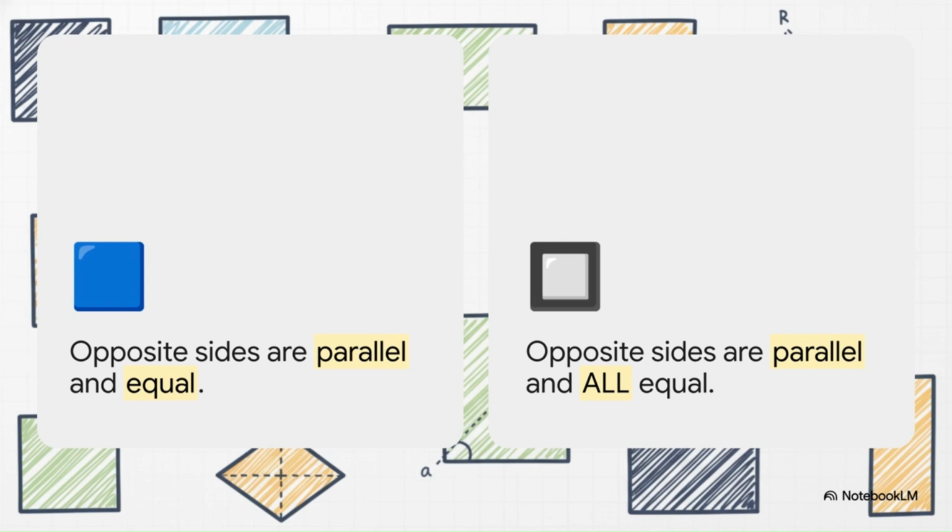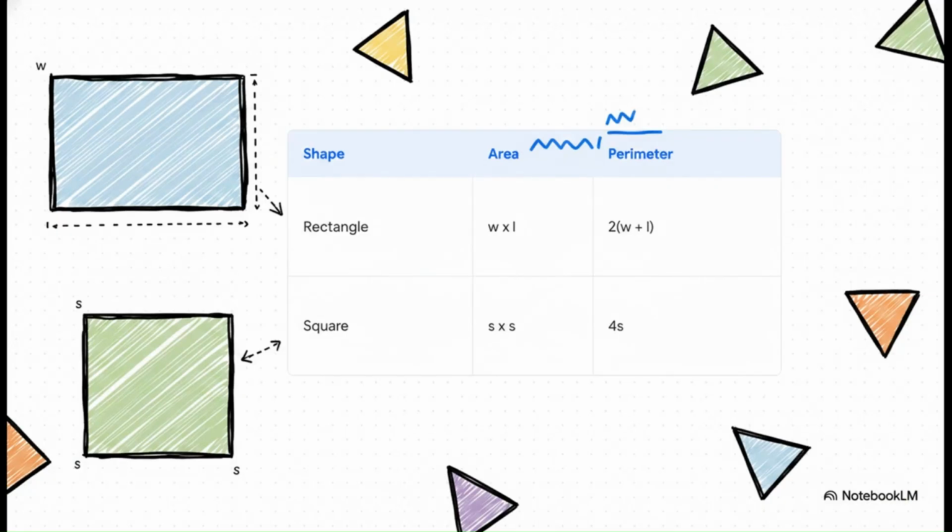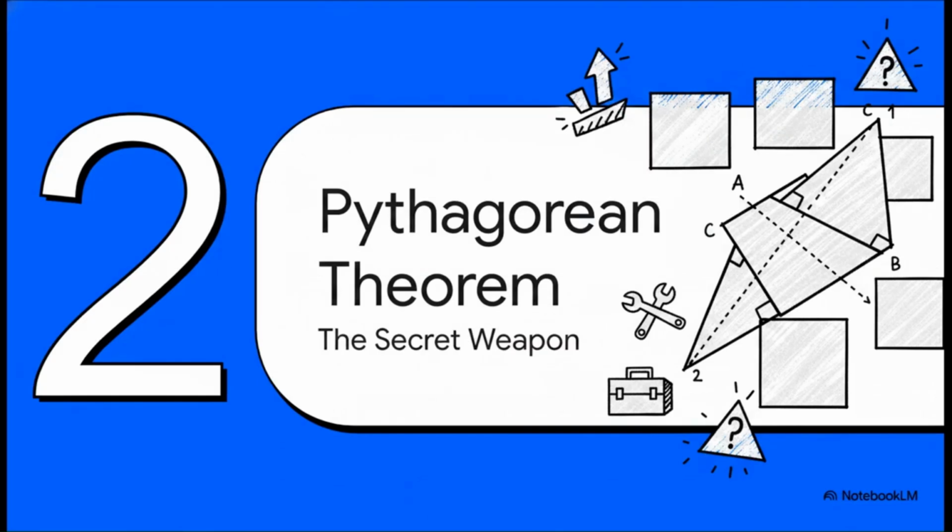It requires absolute, perfect symmetry. So you definitely want to have these foundational formulas firmly in your mental toolkit before we tackle the tougher problems. The rectangle relies on width and length, while the square's perfect symmetry makes its area and perimeter incredibly clean and intuitive.